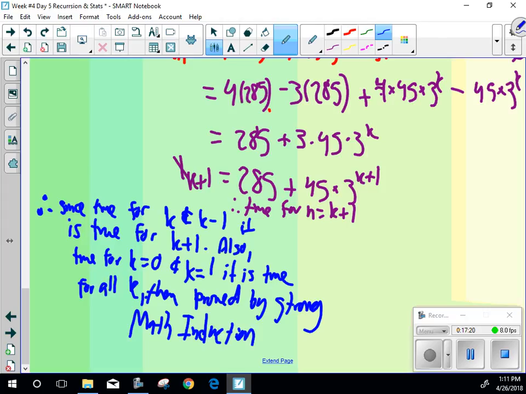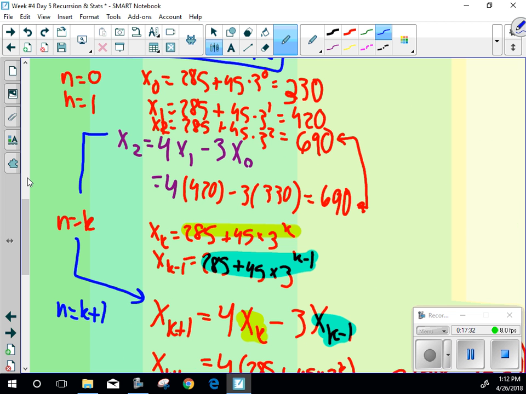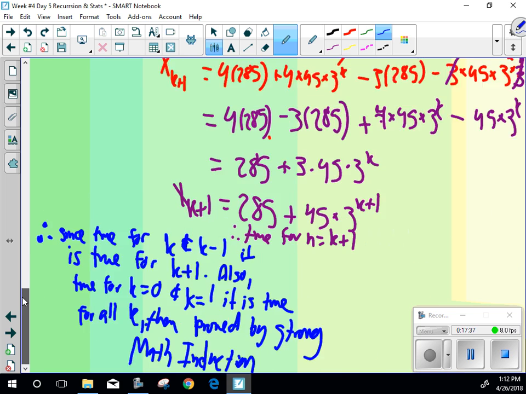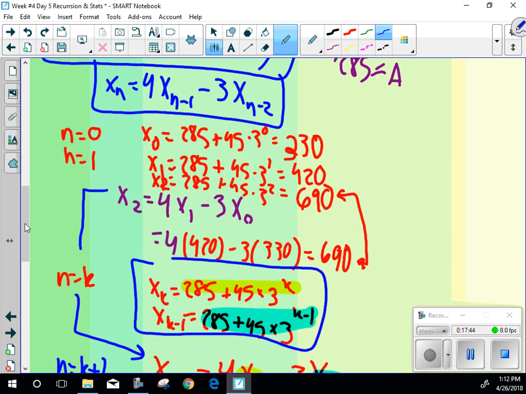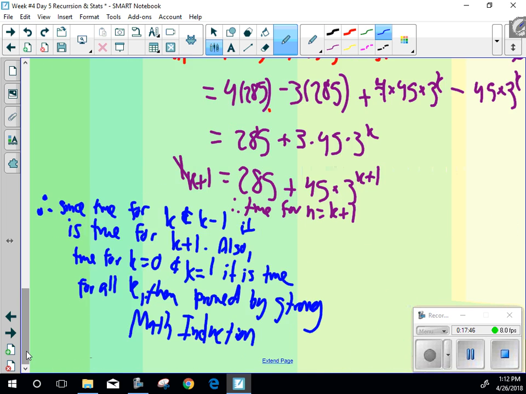Let me help you with that a little bit. So you're saying it's true for k and k minus 1. We did that to get this. It's true for k and k minus 1, so it's true for k plus 1. What you did was here you showed where it was true for k and k minus 1. Then, using that relationship, you showed that it was true for x of k plus 1.